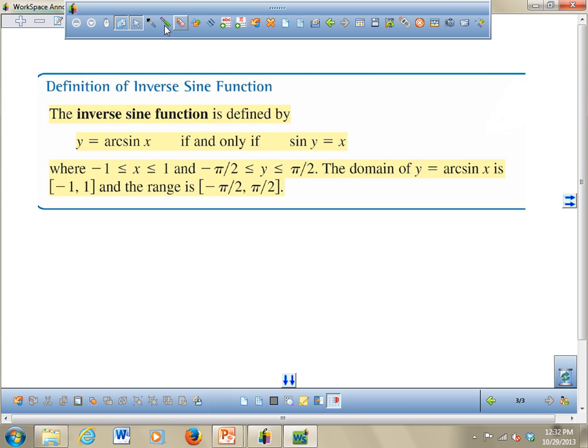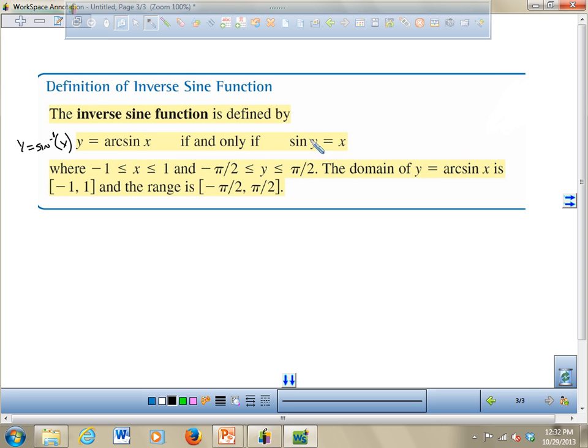Same thing, and there's a button on your calculator for that inverse. If and only if sine of y equals x, where -1 to 1 is the domain, and -pi over 2 to pi over 2 is the range of the function. Notice that this has square brackets, meaning I can plug in points at the endpoints.